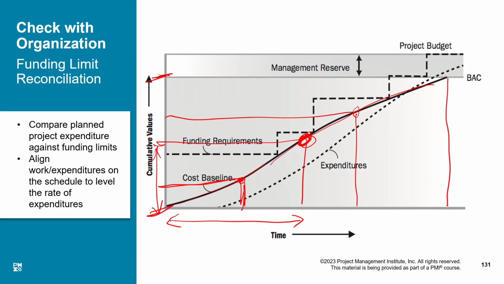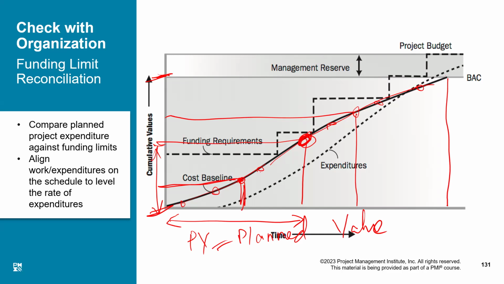How much money should have been spent by this time if all the work which had to be done by that point is done? That will be our total cost spent at that point in time. Now, all these points on the S curve, whether here, here, or anywhere, are called PV, which means planned value.